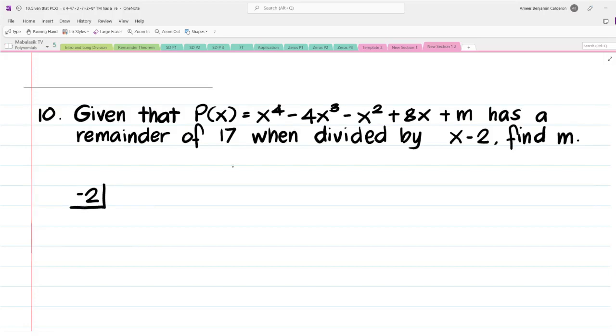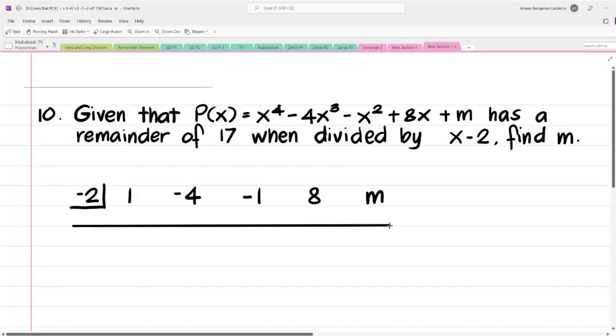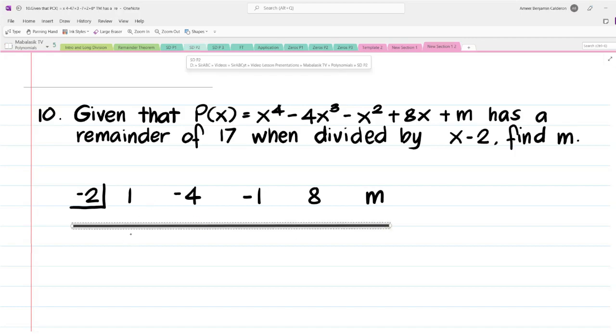And then, we want to check our polynomial. Is it in standard form? Yes. Do we need the filler? No. So, we will just copy everything. So, we have 1, negative 4, negative 1, 8, and m. Use synthetic division, bring down 1. 1 times negative 2, negative 2, change the sign.